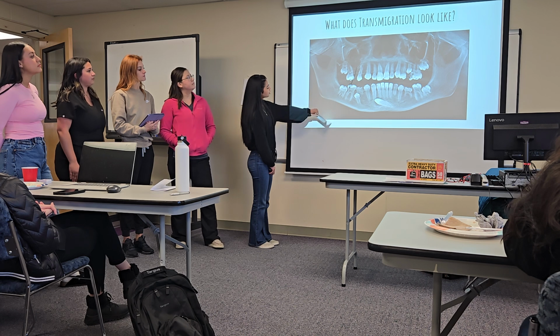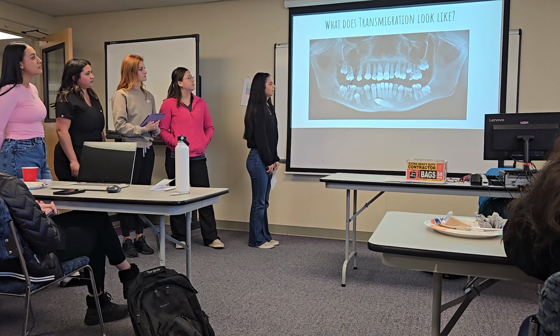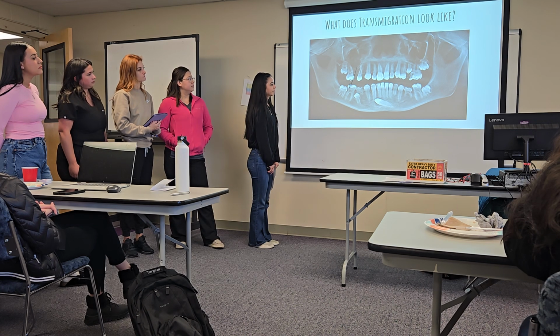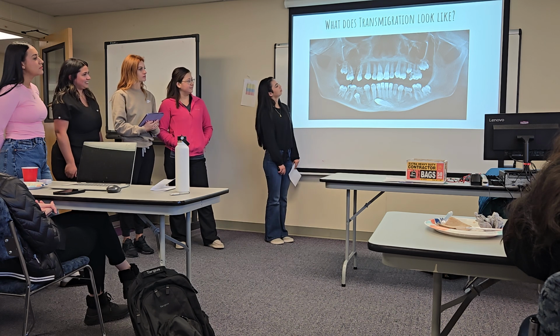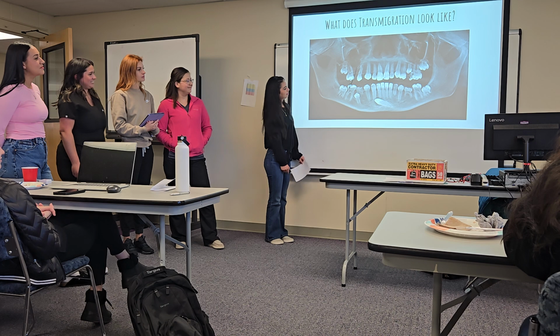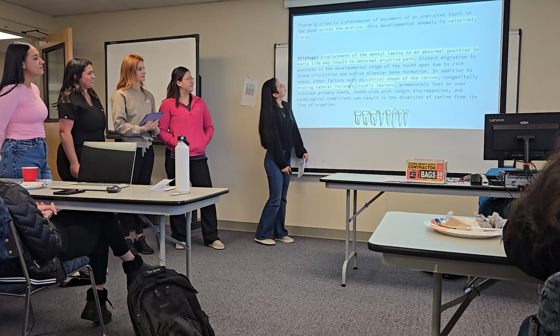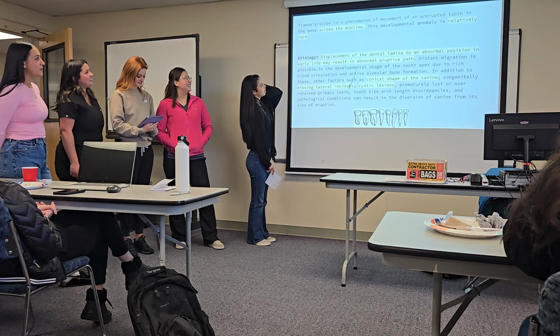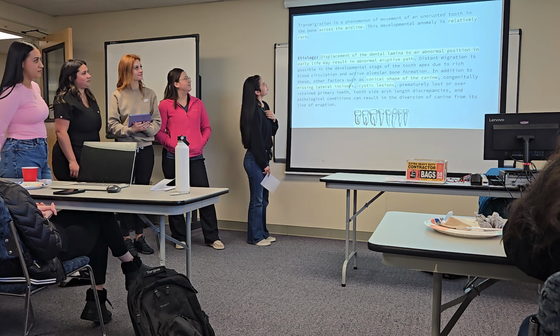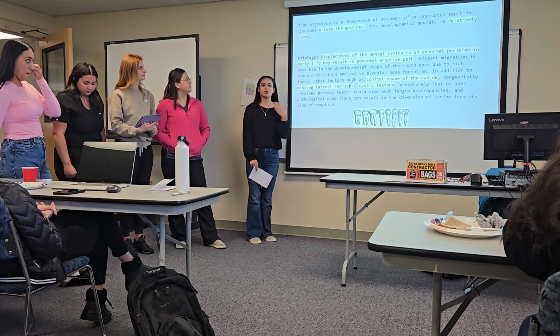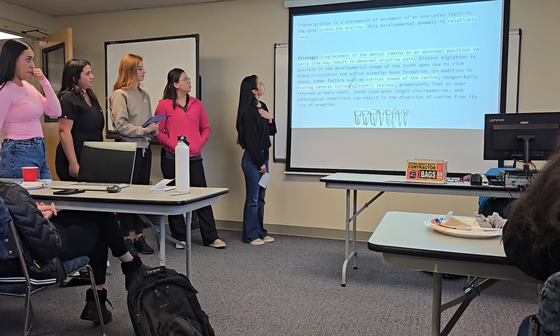So this is a picture of transmigration. Can you guys see what looks funny? Transmigration is a phenomenon of movement when a tooth goes across the midline, so it's out of position.